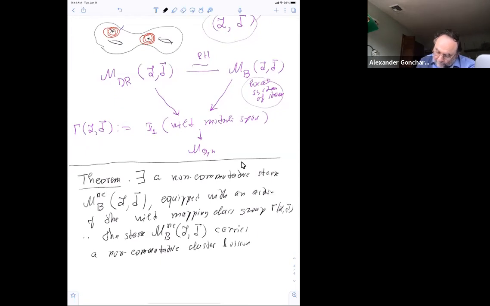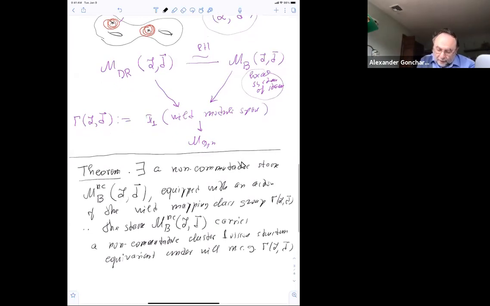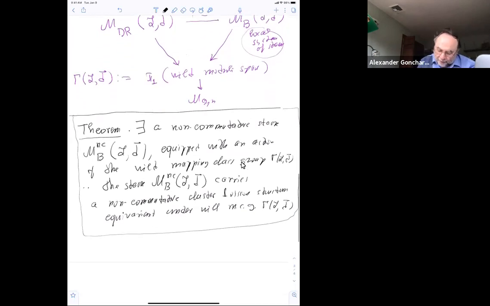Which is equivariant under the mapping class group, the wild mapping class group. So this statement, first of all, I want to explain a little bit what this means.